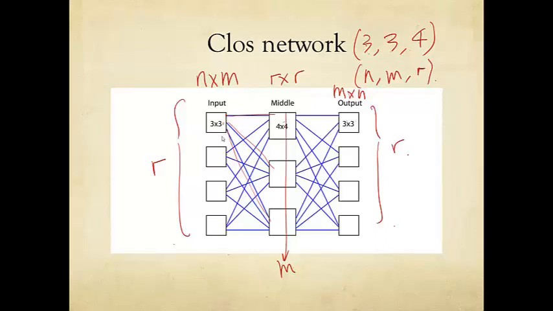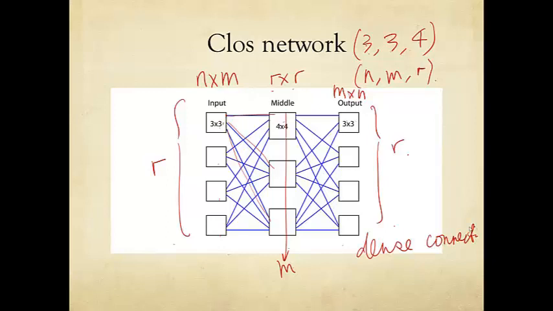Okay. And that is why each of these middle switches is r by r, because you need all of them in order to face all of these input switches. And then it's exactly symmetrical on the side facing the output. So this is a very dense connection.